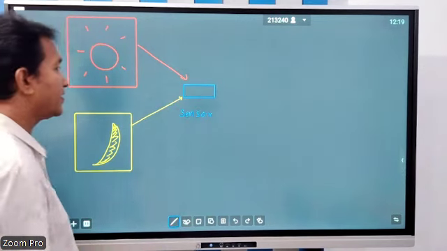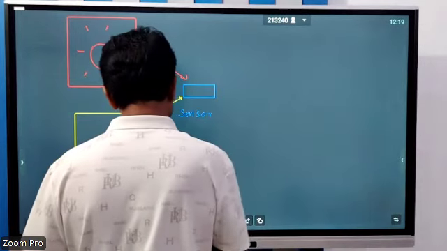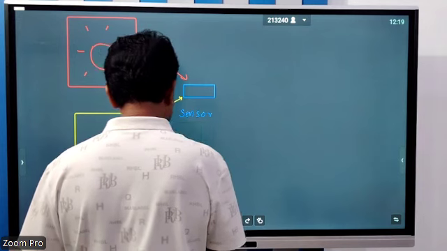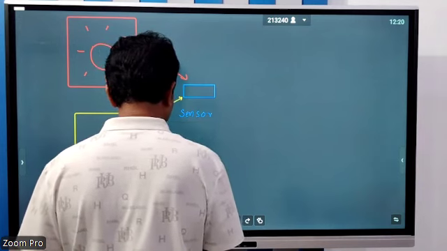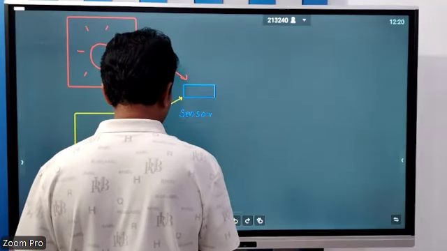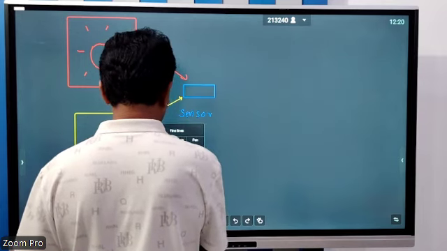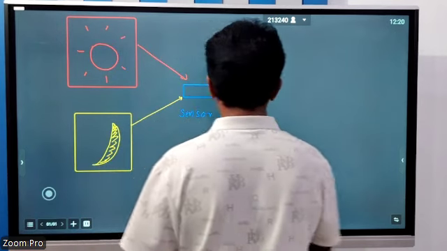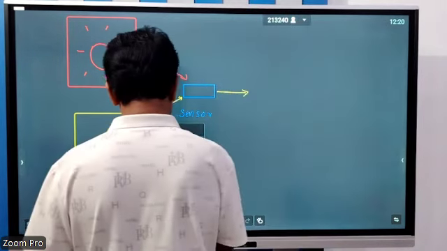Then the sensor, according to these inputs, will give the expected signal, right? The sensor is giving the what? Input.